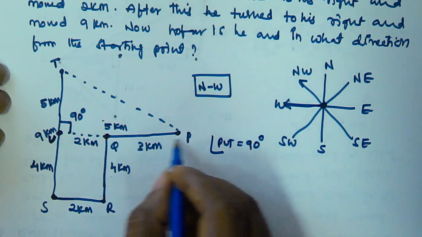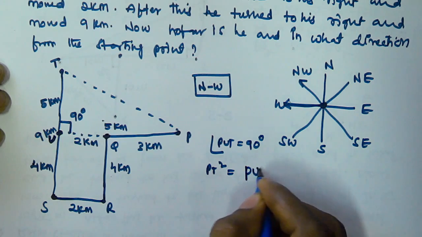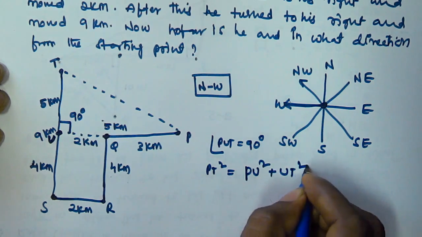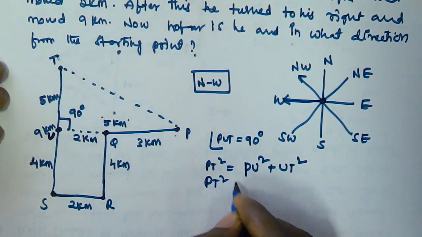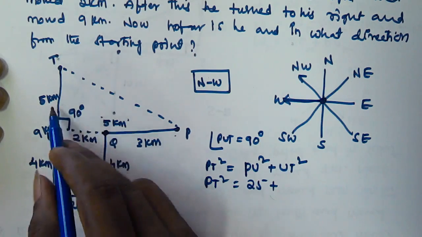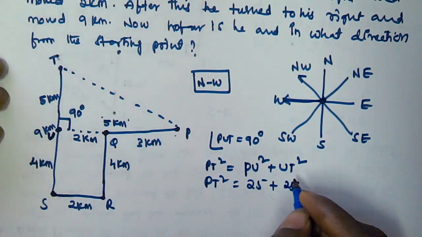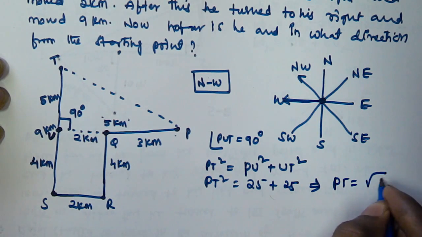So it is a right angle triangle. Then PT square is equal to PU square plus UT square. Here PU is equal to 5 kilometers. So PT square is equal to 5 square, which is 25, plus UT square, and UT is 5, so that is 25. So PT is equal to the root of 50.